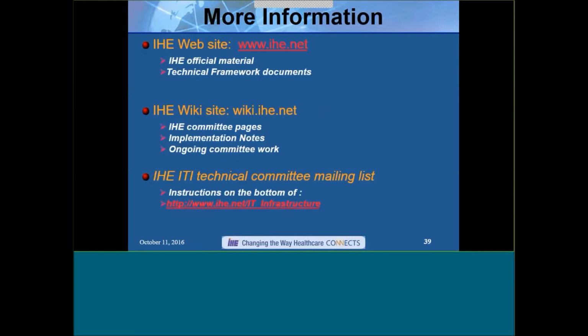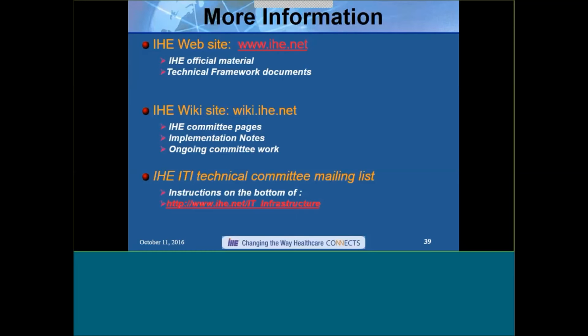Here are some links. If you go to IHE.net, you can find all the official IHE material, obviously, including those technical framework documents and other information. IHE has a wiki site as well, wiki.ihe.net, and there are pages there for each committee and implementation notes and ongoing committee work, including current meetings and things of that nature, lots of information there.